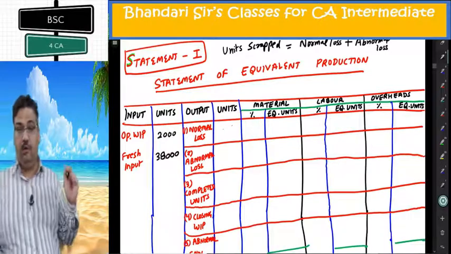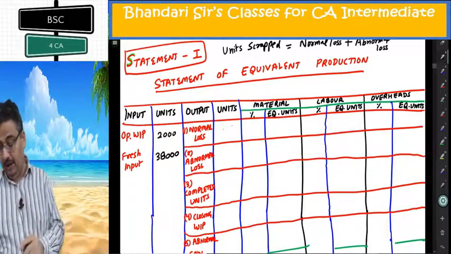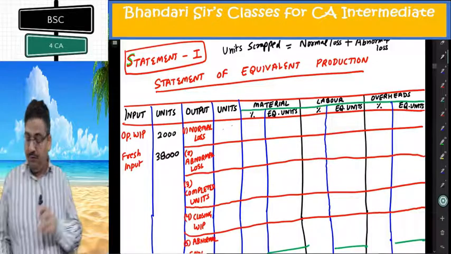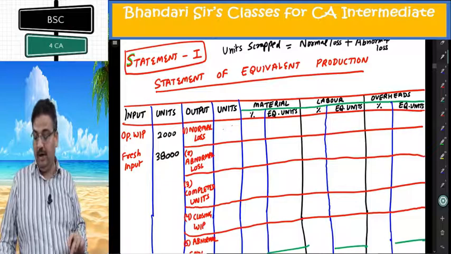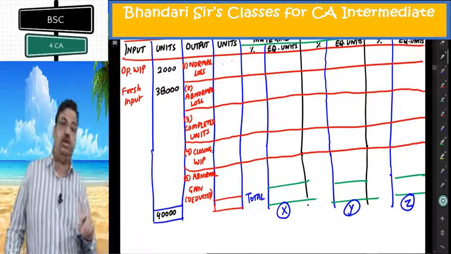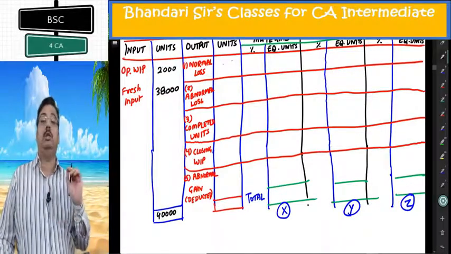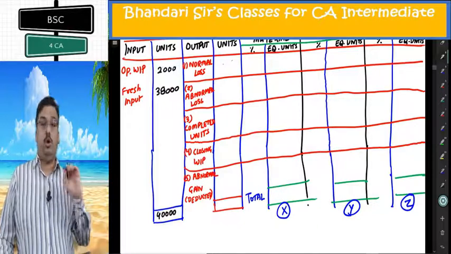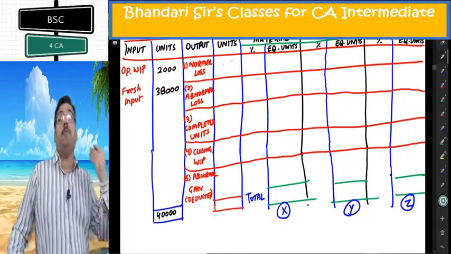Let us first focus on normal loss. At the bottom, normal loss is 5% of total input including opening WIP. Remember, normal loss is a percentage which can be given on current input, fresh input, which was 38,000 units, or total input, which is 40,000 units, or it could be given even on production.